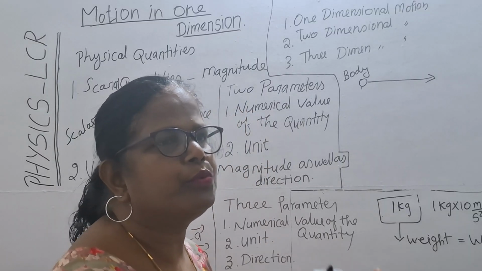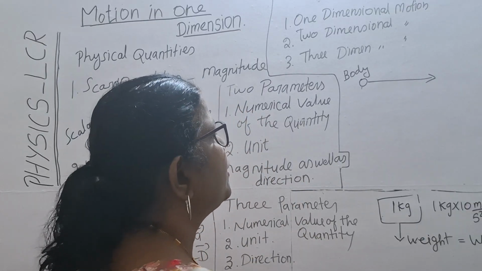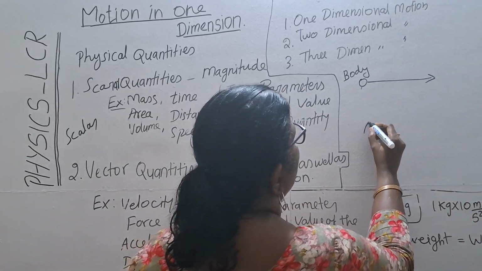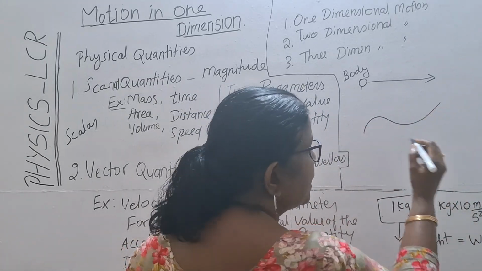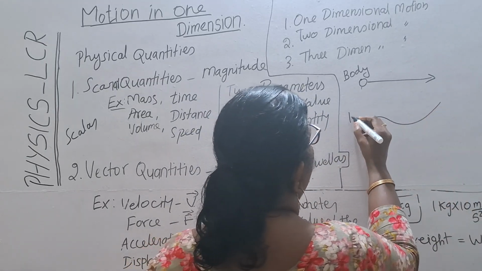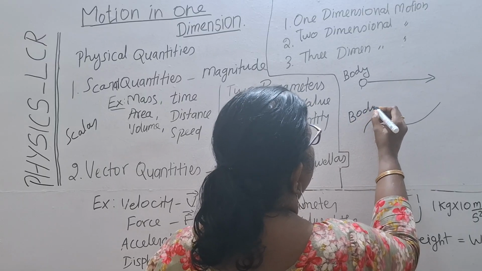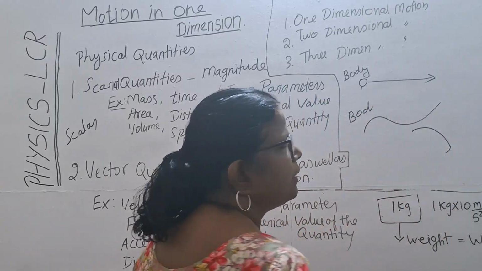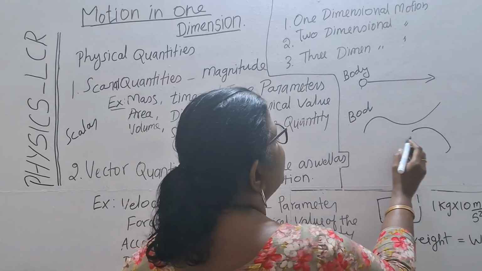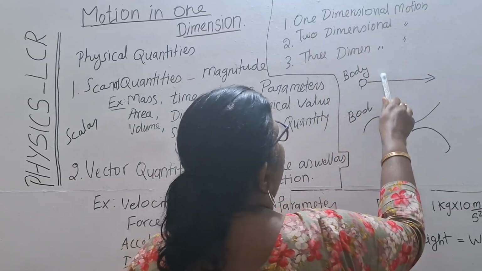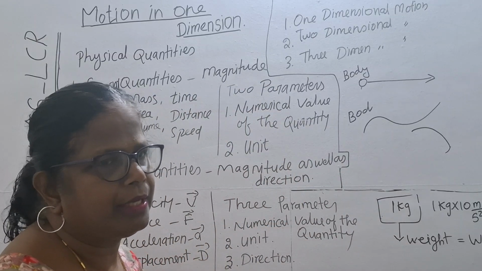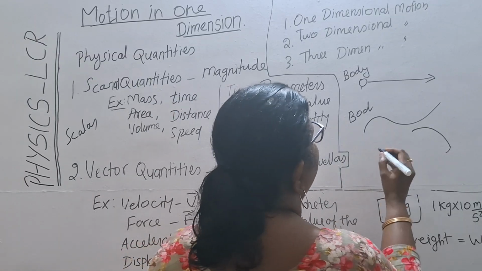When body moves in a curved path, any curved path, it is a 2-dimensional motion. This is 1 dimension, this is 2 dimension. Third one, in space.